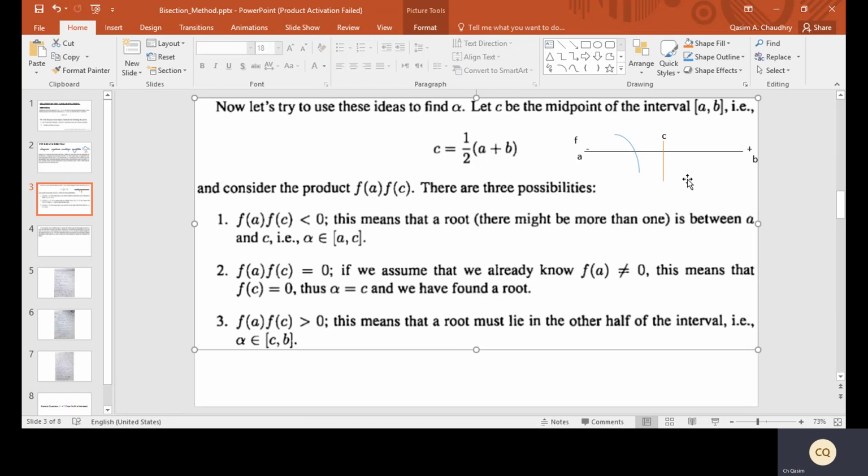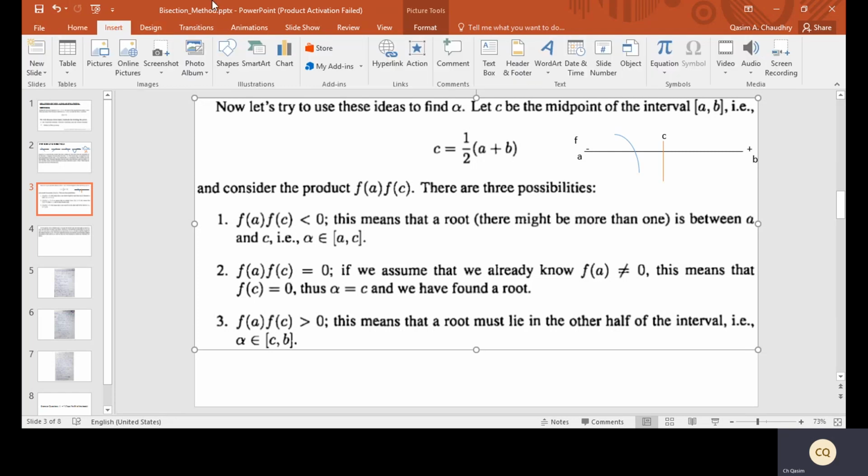So students, now if it is A here, where the value is negative, and this is positive here, and at C, maybe any value, let's say it is positive here. So let me write it here. Maybe it's positive.